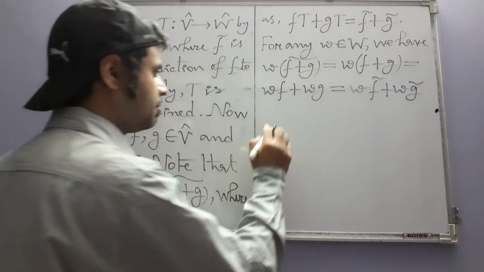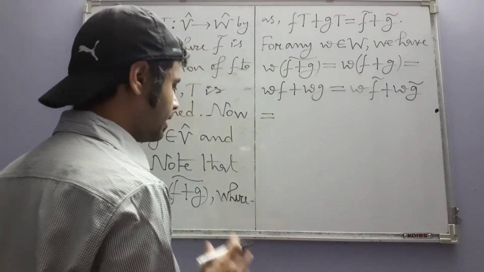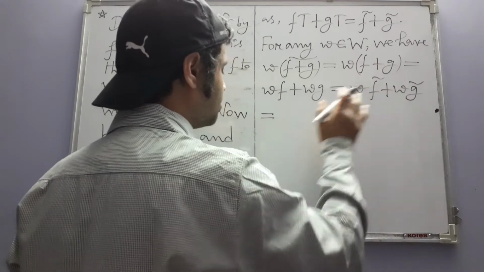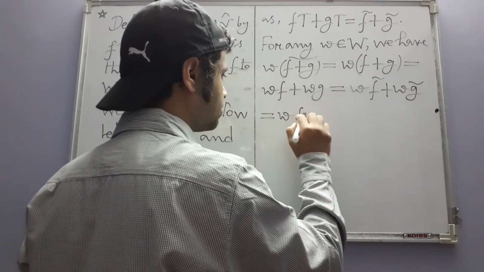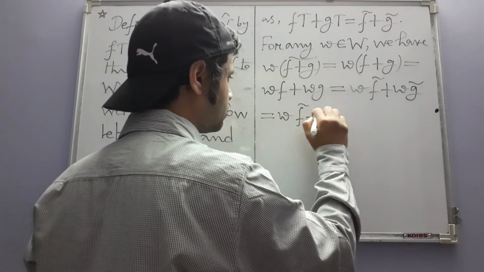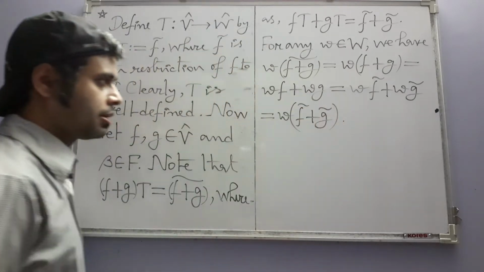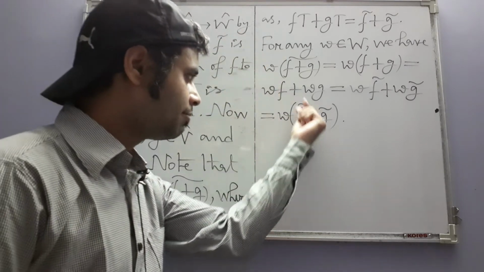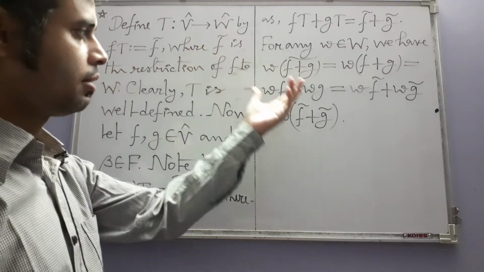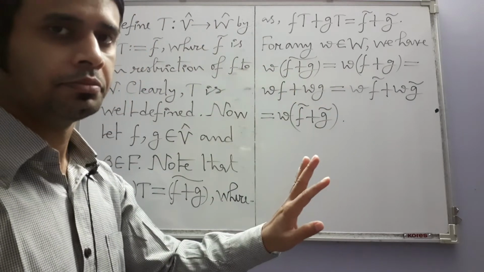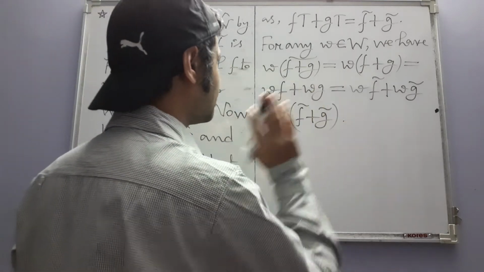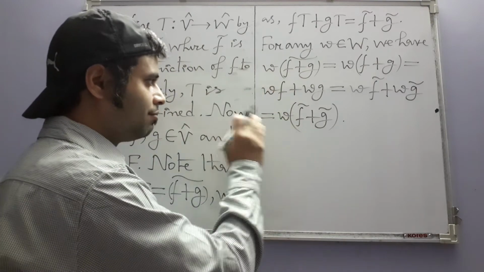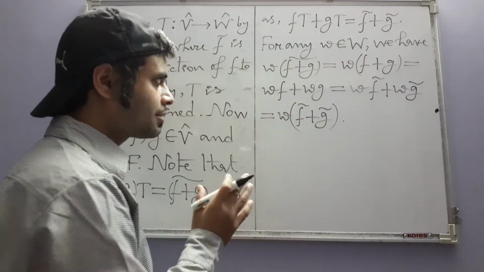And now, by the definition of addition in W hat, this sum is in fact the same as this. Why did I say by the definition of addition here? That's because F tilde and G tilde are elements here and their sum has this meaning. Okay, so we are now having this. So that means these two functions have identical behavior on every element in capital W. So as functions they are equal.